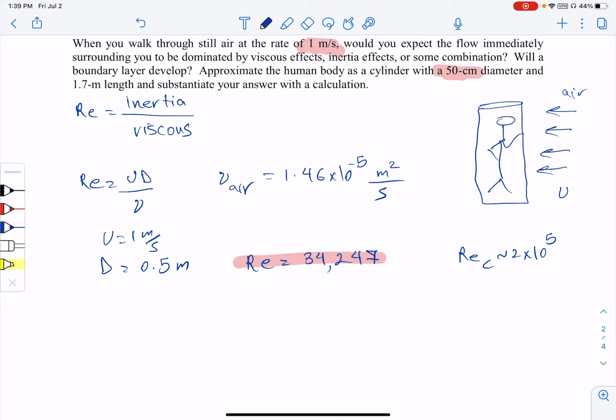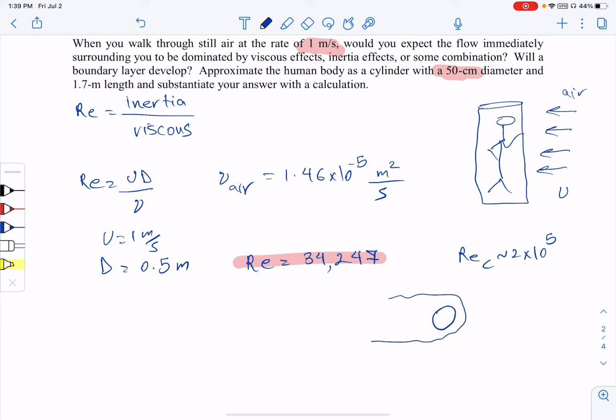So the flow immediately around the person is going to be viscous, and elsewhere it is going to be inertia dominated, right? We also showed this in the lecture.